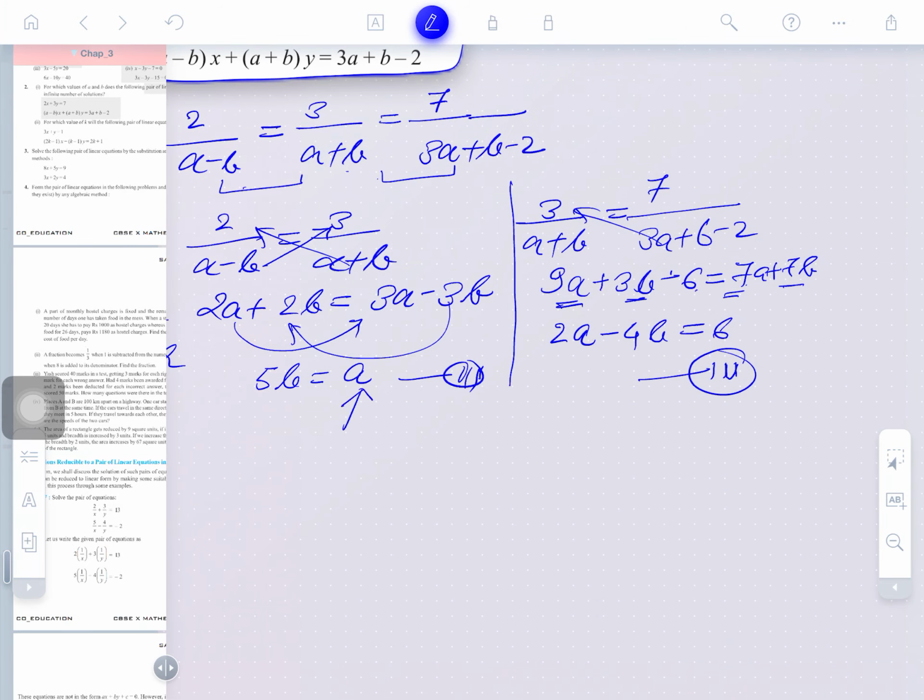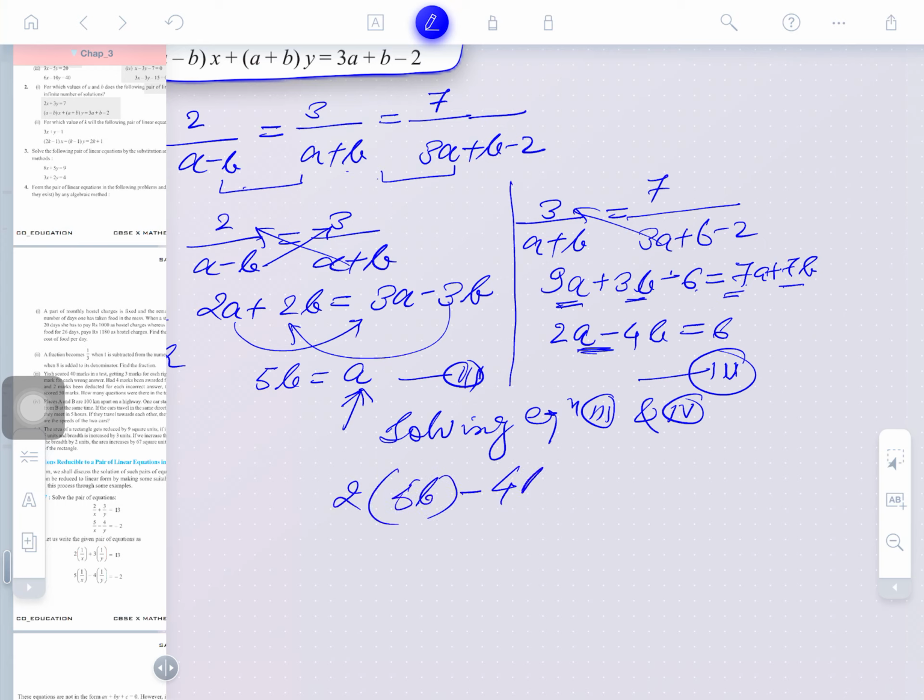So in place of A, what can be put? You will write down here: solving equation third and fourth. In place of A here, what can you put? Solving A and B, twice, what is the value of A? 5B minus 4B is equal to 6. So it shall be 10B minus 4B is equal to 6.